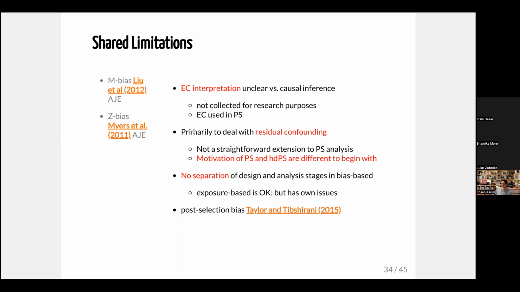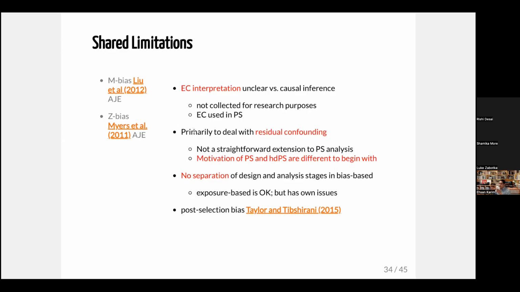And we have to understand that the sole purpose of doing the high dimensional propensity score algorithm is that we are trying to address the residual confounding, right? Some people try to make the case that the propensity score algorithm is the base case and the high dimensional propensity score algorithm is basically an extension. But generally speaking, the propensity score algorithm has a very unique situation because it has some good statistical properties, and we exactly know what those properties are.